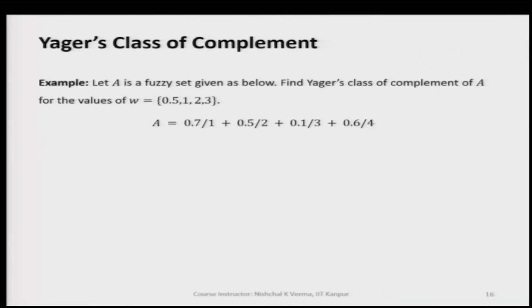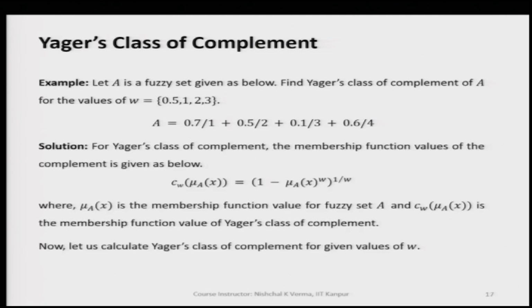Now, let us understand Yager's class of complement better, and let us take an example and see how the complement of this fuzzy set A looks for different values of W. So, we have taken a discrete fuzzy set and we need to find its complement.